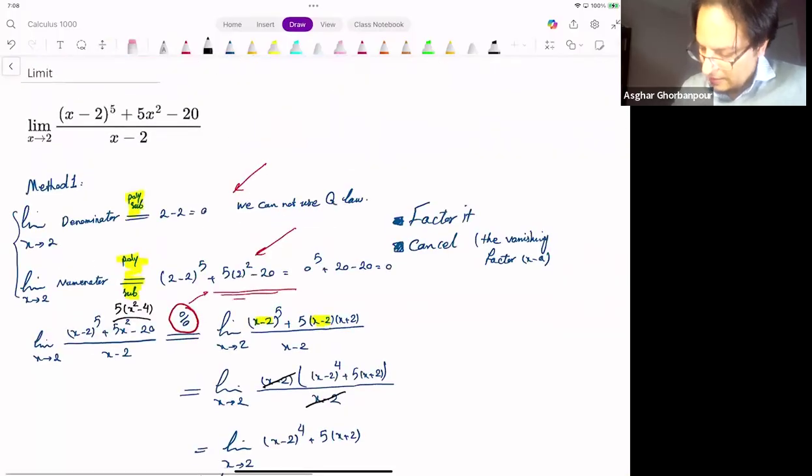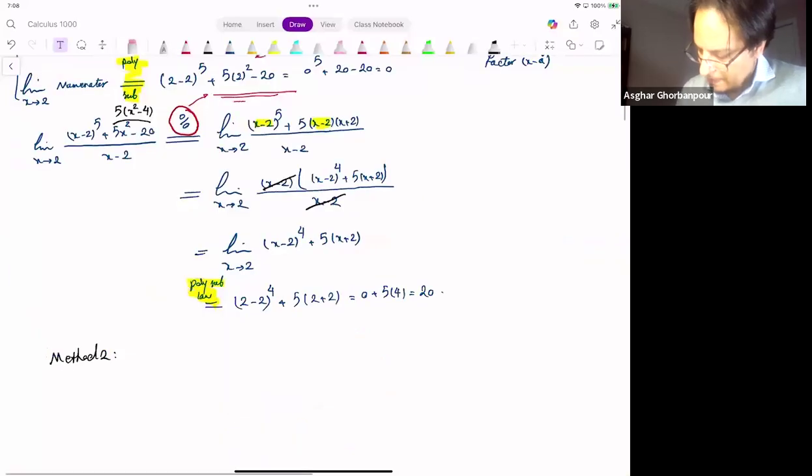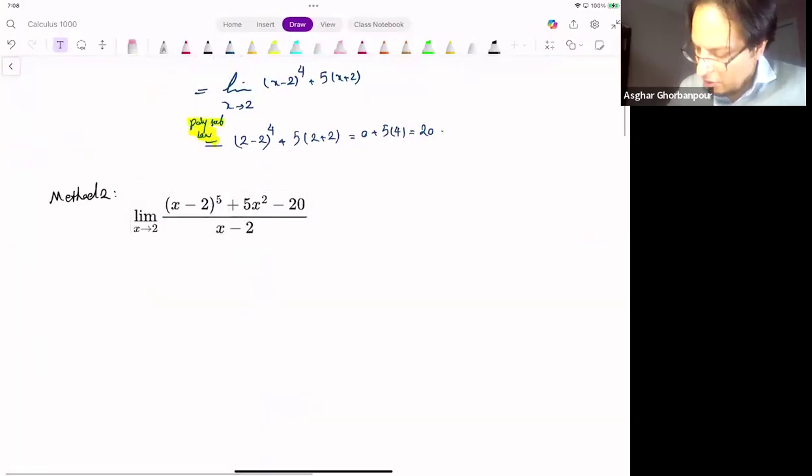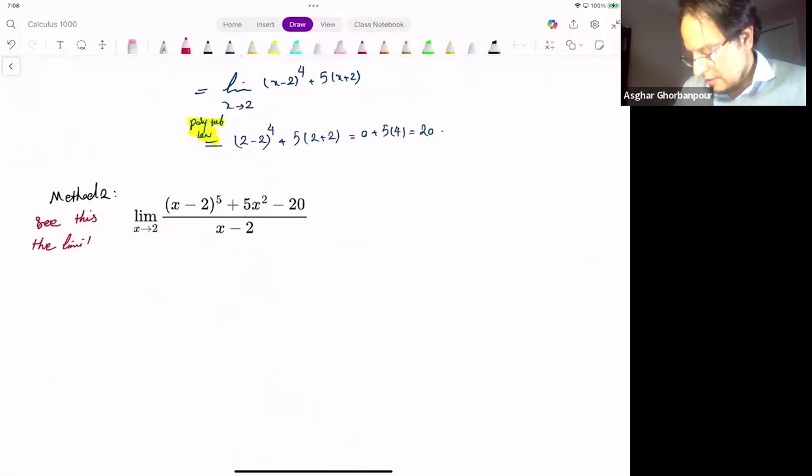I want to see this as the limit that defines the derivative of a function at some point.